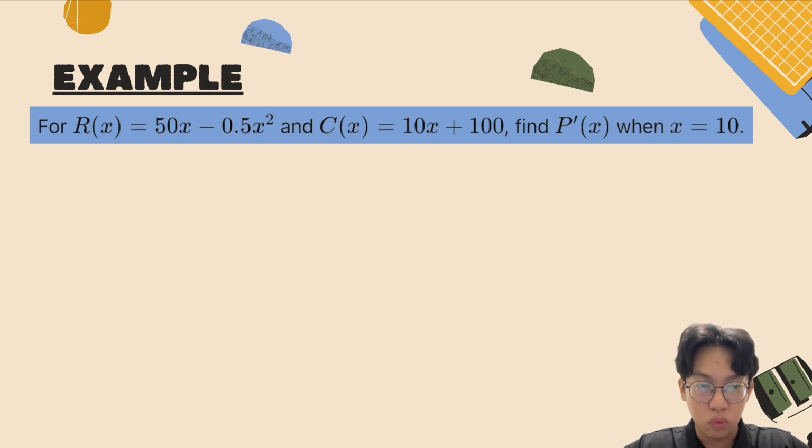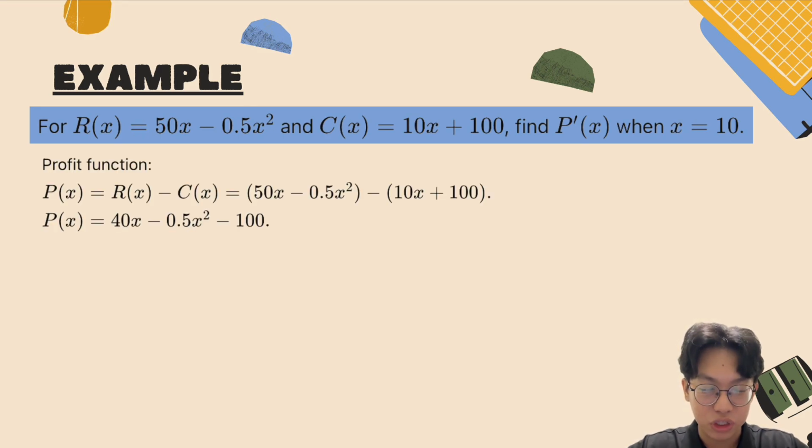Here's an example to bring these concepts to life. Suppose the revenue and cost functions are R of x equals 50x minus 0.5x squared and C of x equals 10x plus 100. Find the marginal profit when x equals 10. First, we'll find the profit function with R of x minus C of x, and we will get 40x minus 0.5x squared minus 100.